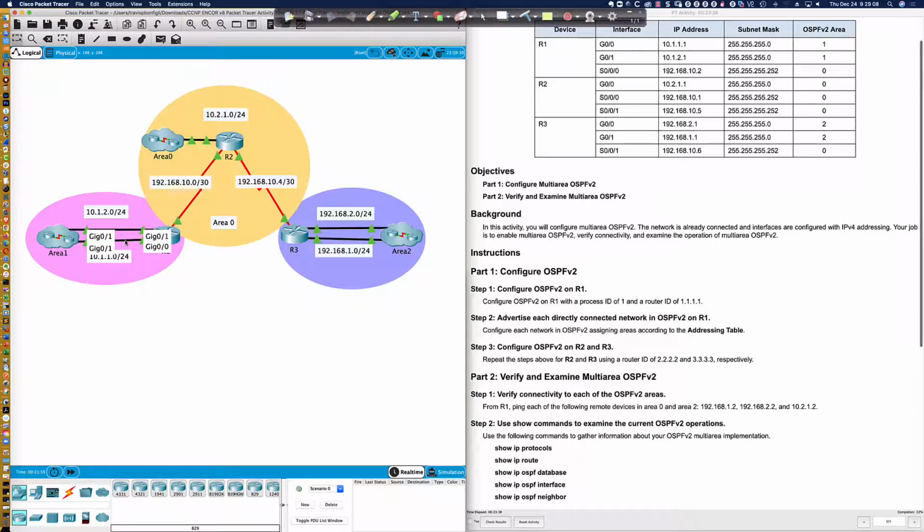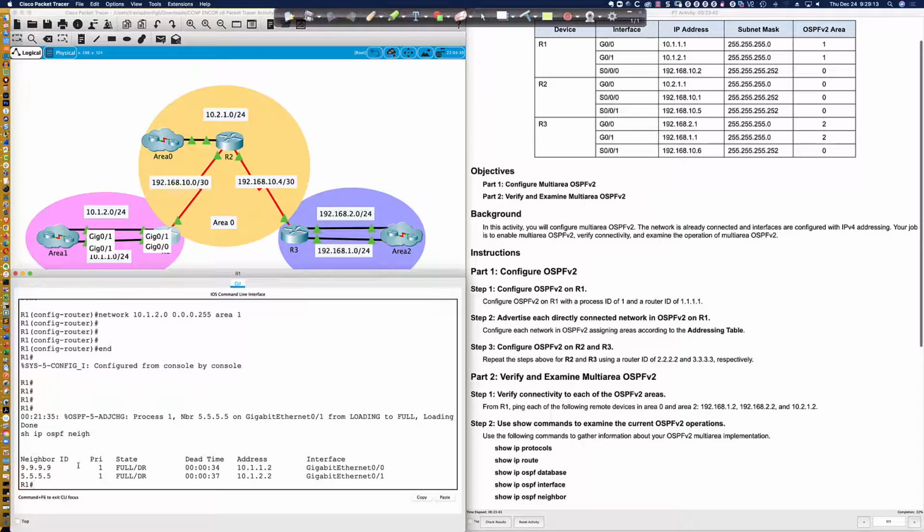So the bottom is gig 0/0. So we can assume here that out the gig 0/0 interface, that bottom connection, that the router is router 9, and that is the router ID. And the top link, gig 0/1, goes to router 5.